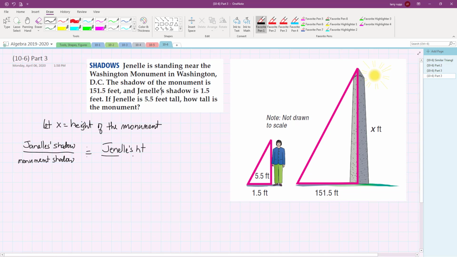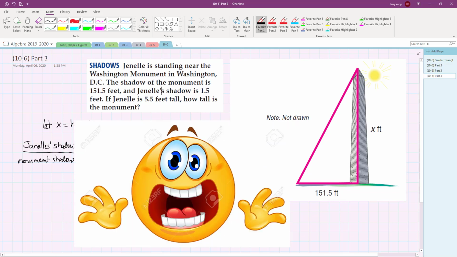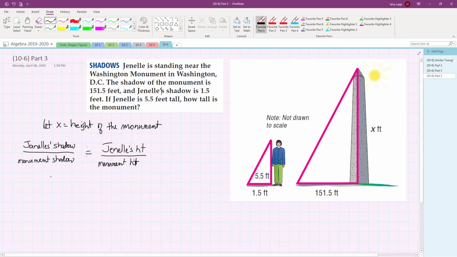Janelle's height over the monument height. When you put it into words like this, it's not so terrifying. So Janelle's shadow from our problem is what? It's 1.5. What's the monument shadow's length? That's 151.5. And that would be equal to Janelle's height, which is 5.5 feet over the monument height, which is x, which is what we're trying to find.